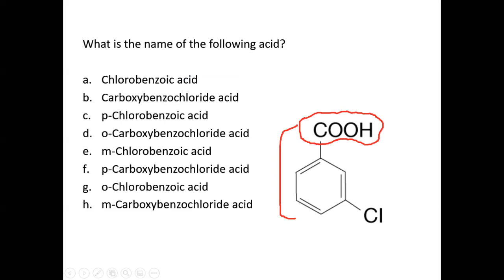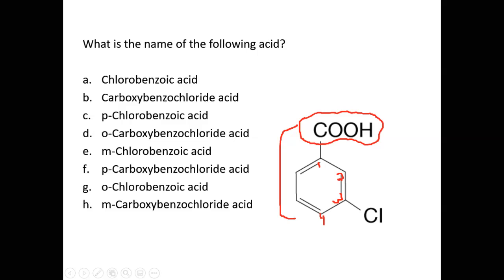Now, I made a boo-boo. If we make this number 1, this number 2, this number 3, and this number 4, then if it's in the second position, I apologize, on the last slide I said number 2 was actually number 1, but what I meant is it's 1 away from the main group, which is on carbon number 2.